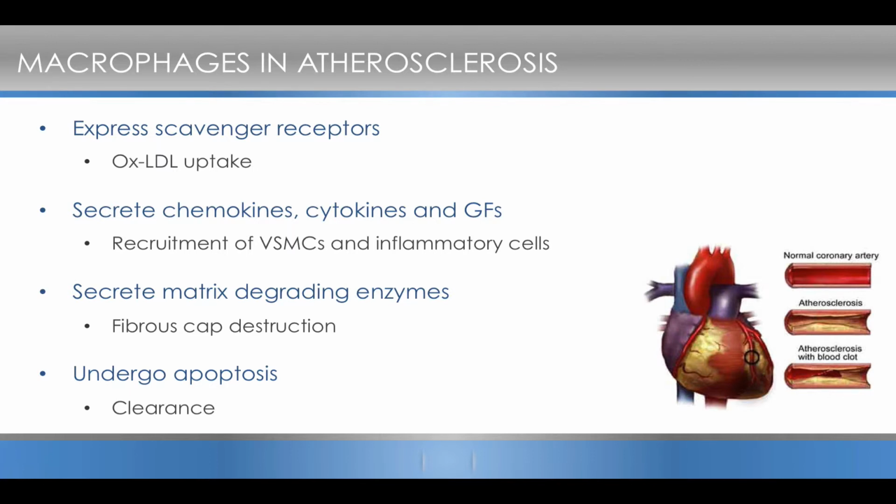They secrete matrix degrading enzymes, which we'll talk about shortly, which can lead to fibrous cap disruption and plaque destabilization with consequent clinical events. And they also undergo apoptosis, and they can eventually lead to enlargement of the lipid core.